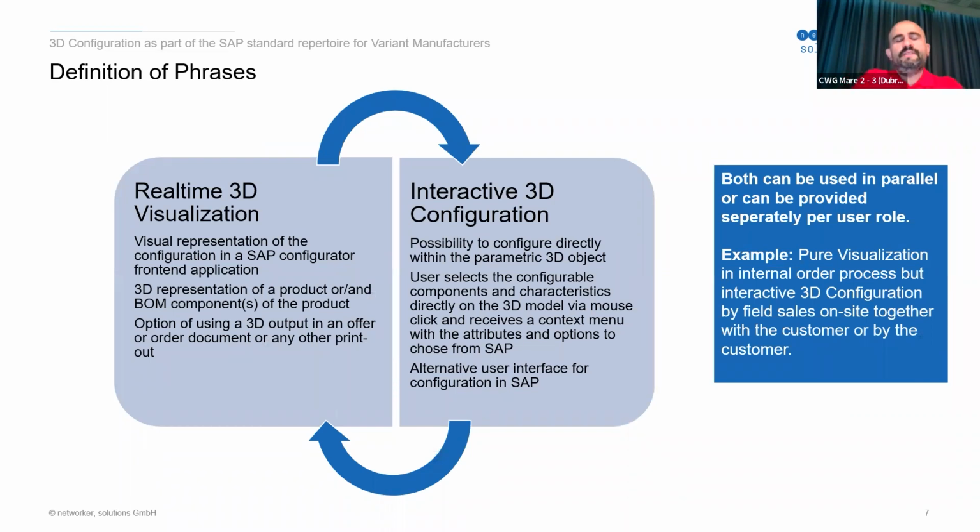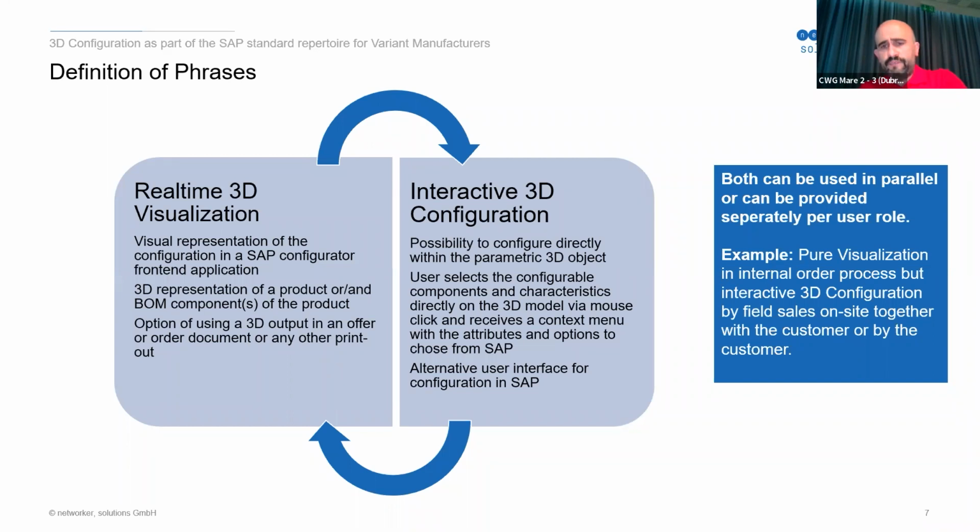As I said, from our point of view there is a difference, and sometimes the terms are used similarly or even in parallel. If you talk about 3D and SAP, sometimes visualization is mixed up with interactive 3D configuration.